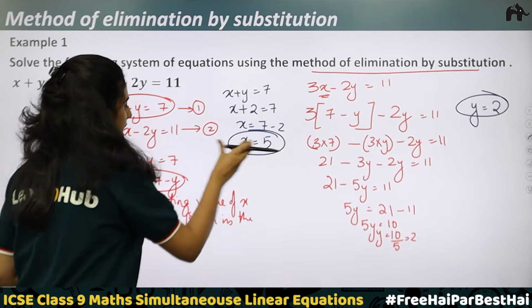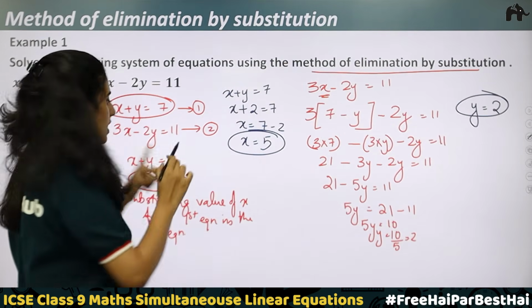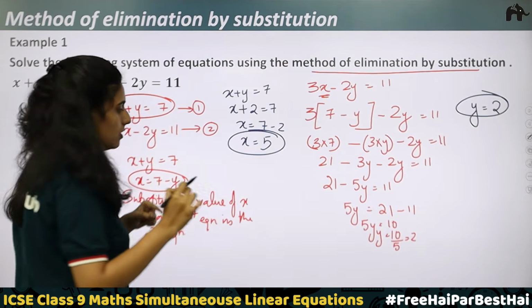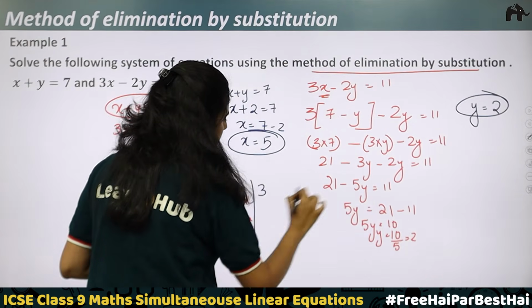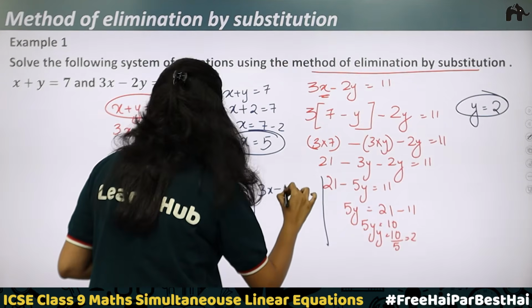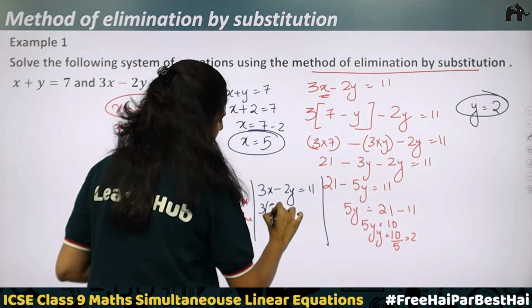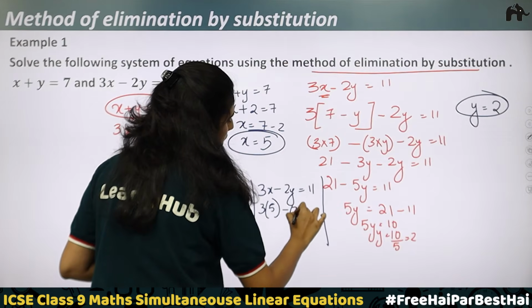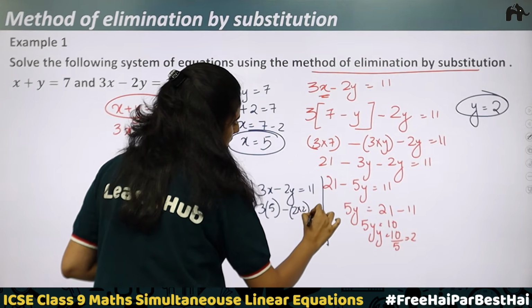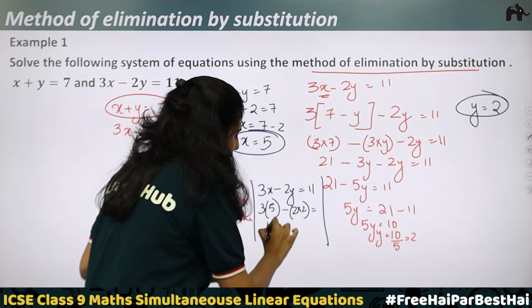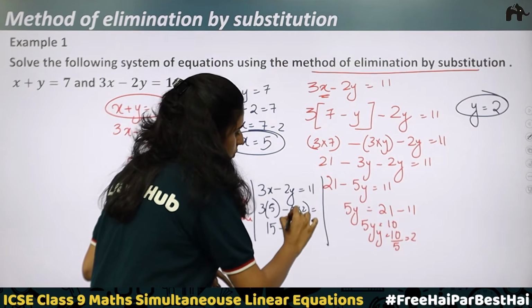Let's check if this agrees with the second equation. In the second equation, we have 3x minus 2y is equal to 11. 3 into 5 minus 2 into 2 is equal to what? 3 into 5 is 15, minus 2 into 2 which is 4.